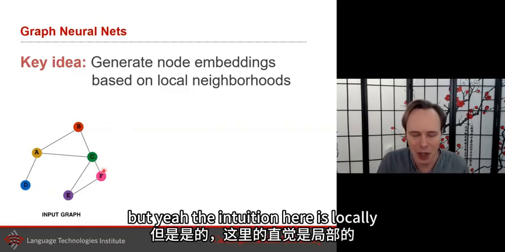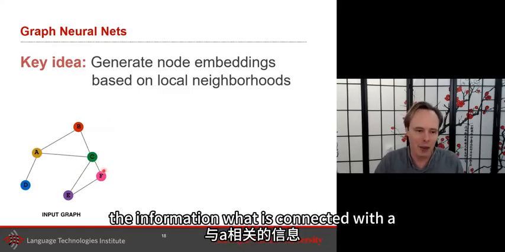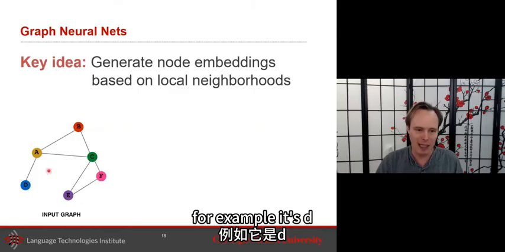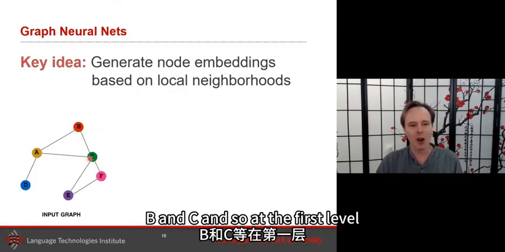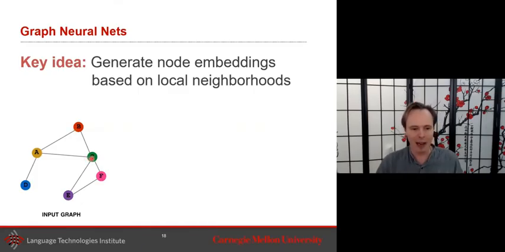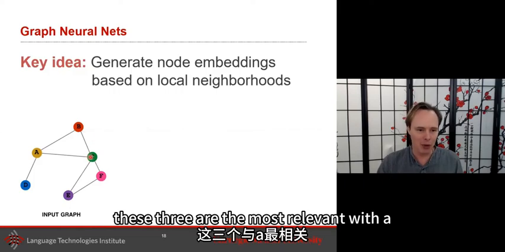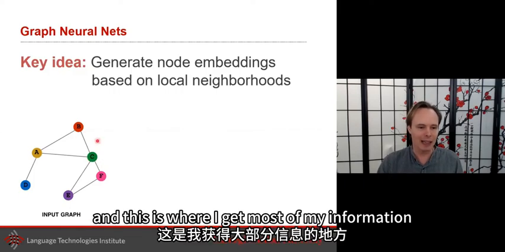But yes, the intuition here is that information is local. What is connected with A, for example? It's D, B, and C. At the first level, these three are the most relevant to A, and this is where I get most of my information.